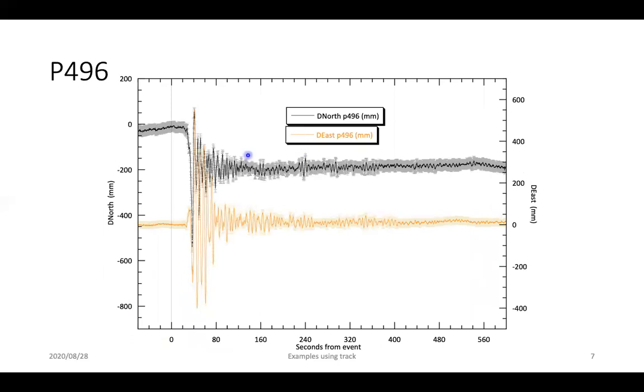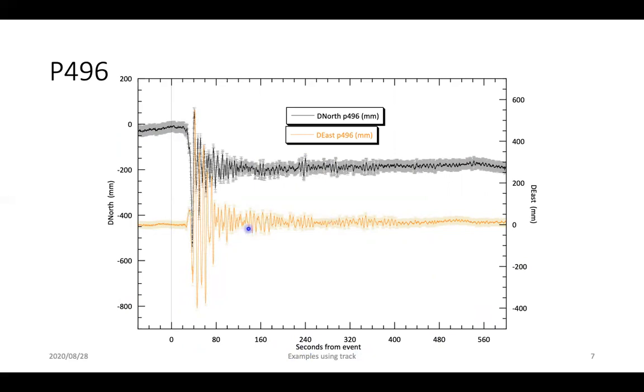So this shows you the P496 site, which showed about the 20 centimeters of displacement. And this shows you the north time series at 5 Hertz rate. Here you can see that this is seconds after the event, the earthquake rupture, for about 600 seconds, about 10 minutes or so after the event.